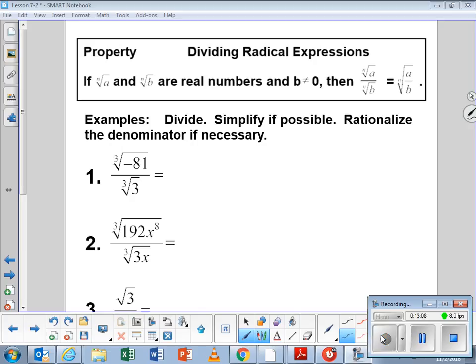I do want to make sure that I say to you, I probably never do a problem the same way twice. These kinds of problems, when we're simplifying, sometimes I'll do it one way, sometimes I'll do it another way, sometimes I'll do it a third way, sometimes I'll do it for one student one way and do it for another student another way.